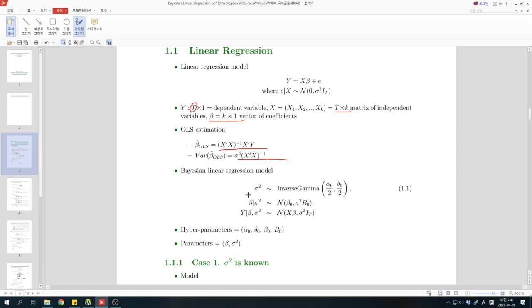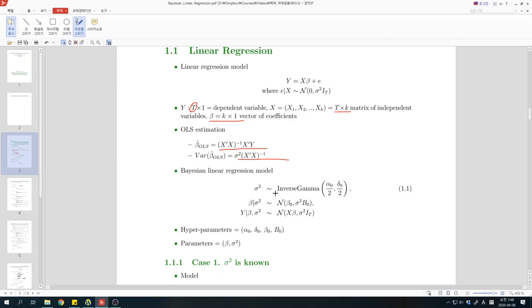First of all, sigma square is generated from a distribution, and we assume that sigma square is generated from this inverse gamma distribution. The inverse gamma distribution is defined only on the positive area. I'm going to explain the details about this distribution later.